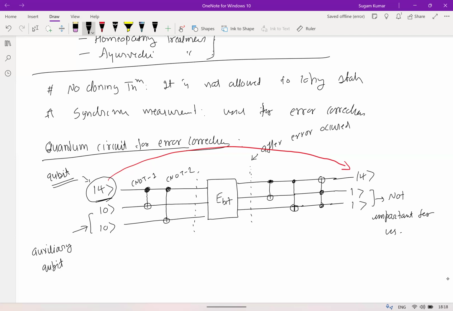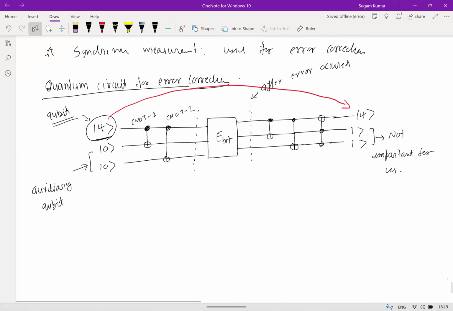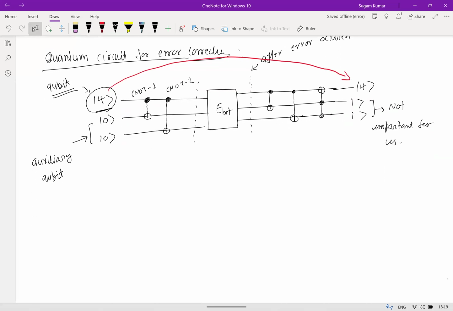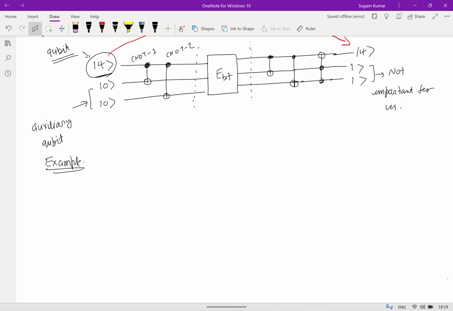So maybe it is better that I will not discuss too much, but try to explain it to you through some example. Then I think you will be able to understand how these error correction protocols work. So let's take an example. Let us say we can talk about the bit flip code.